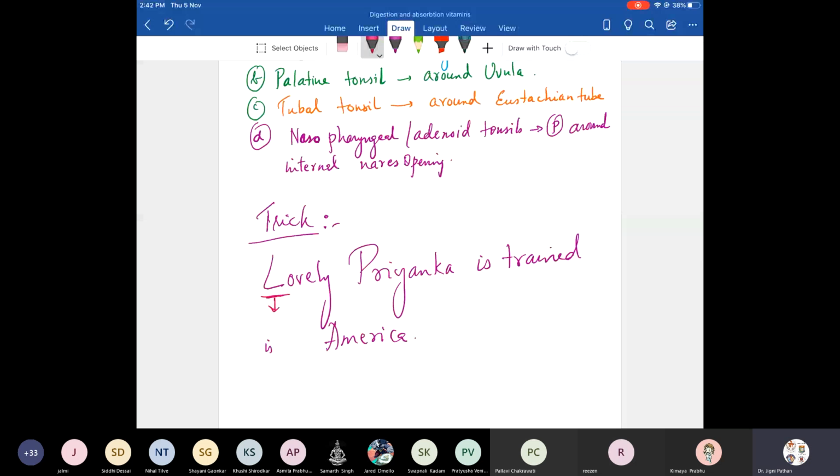L is for lingual, P is for palatine, T is for tubal, and A is for adenoid. Clear? Please write this down.